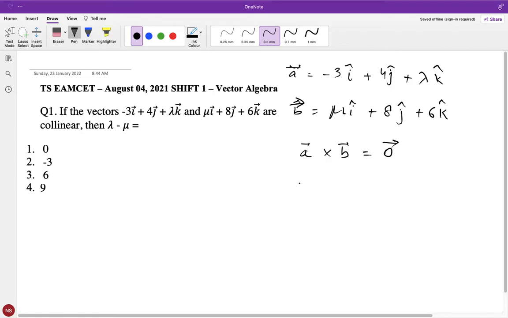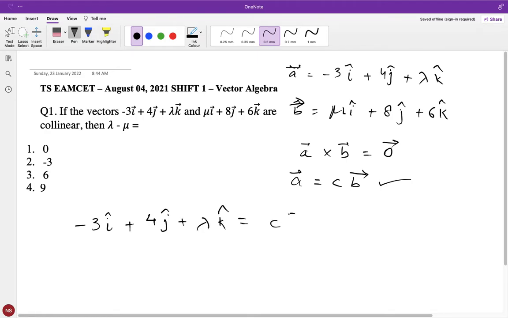You can do this, or I can just say this is some scalar number times this. You can use any of these two methods. I would go with this because this one is a much easier and quicker method.